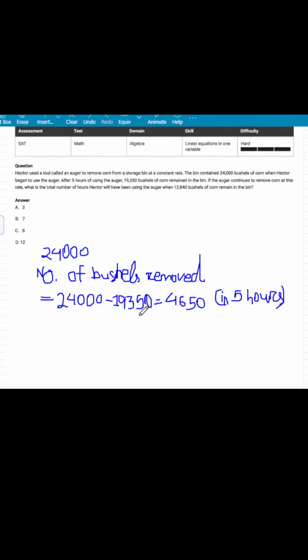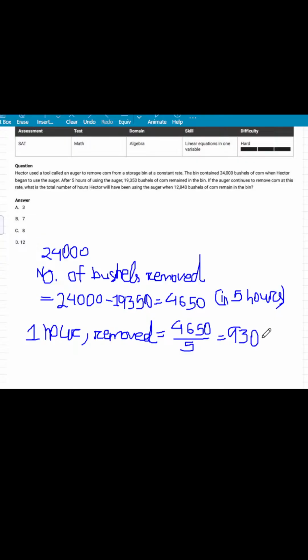Okay. So now we can find out the rate of removal of bushels per hour. If these many bushels are removed in 5 hours, then in 1 hour the number of bushels removed is equal to 4650 divided by 5, which will be 930.